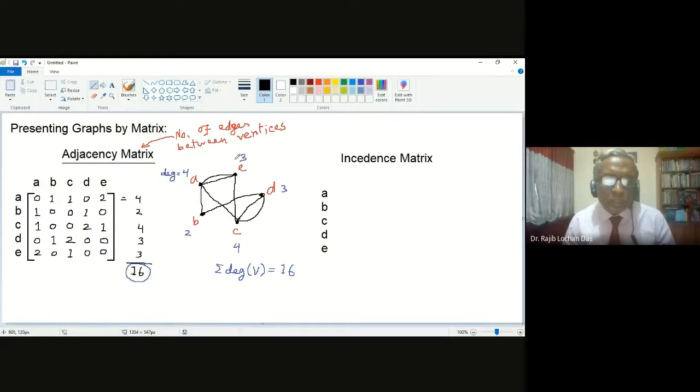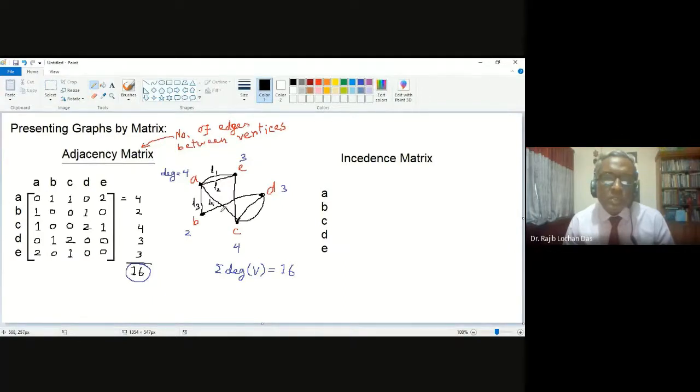So what can you give? E is already there, so instead of E1, E2, say I'm giving L for line. Line one and line two, and then line three. This one is line four.